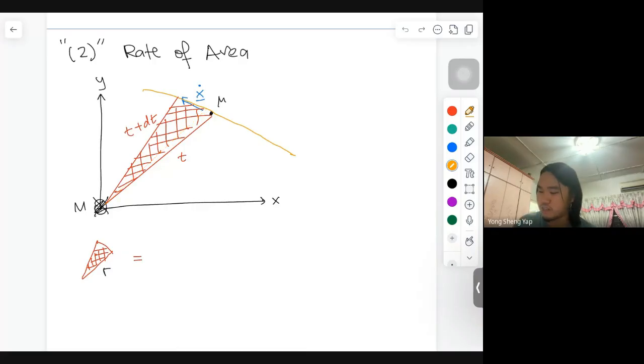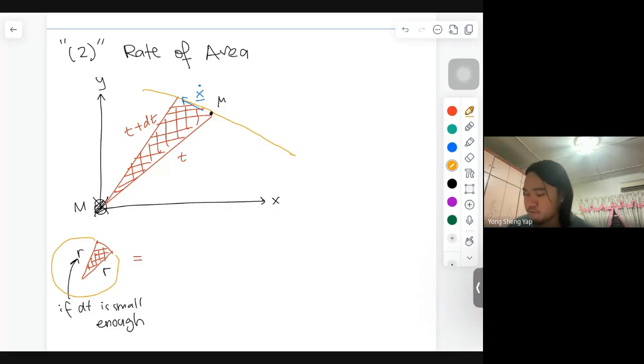So if delta t is small, the length of this wedge is also r, and the other side of this wedge has about the same radius. This really looks like a segment of a circle, and we know the area of a segment of a circle is basically just half r squared.